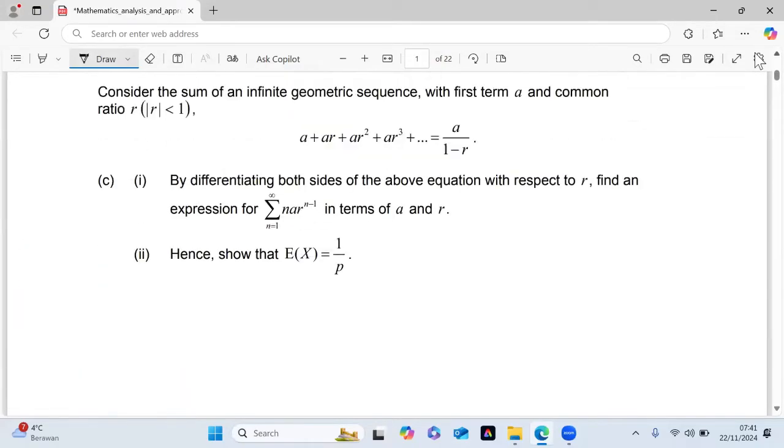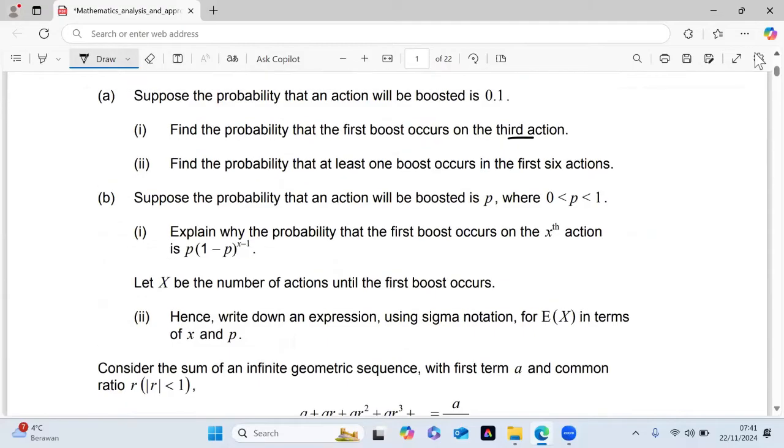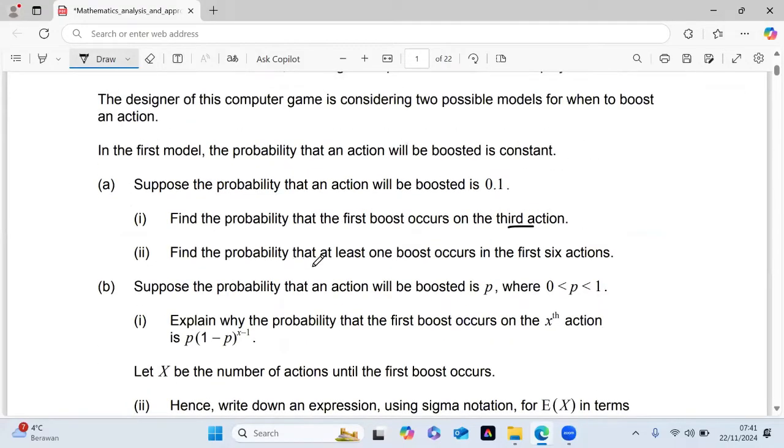Part 2. Find the probability that at least one boost occurs in the first 6 actions.